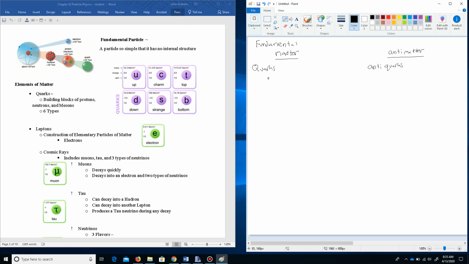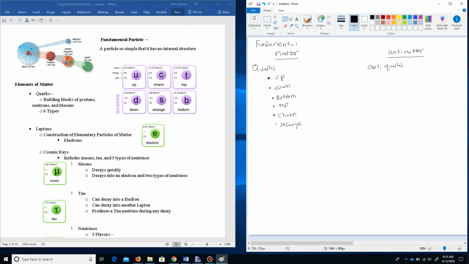The 6 are up, down. These two are what make up a neutron and a proton. Then you'll have bottom, top, charm, and strange.